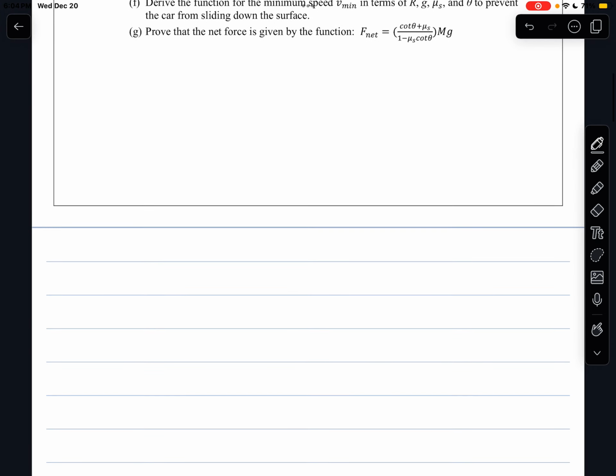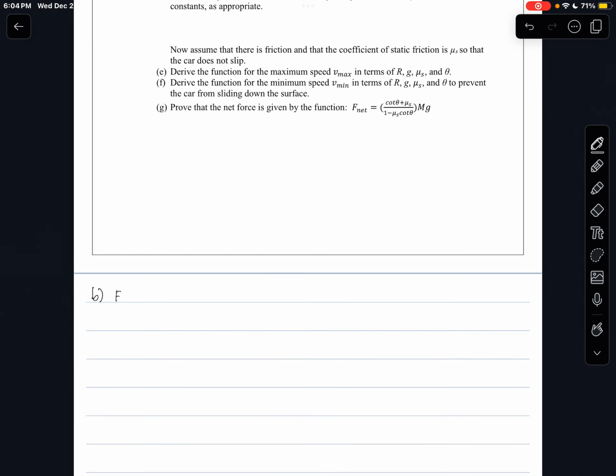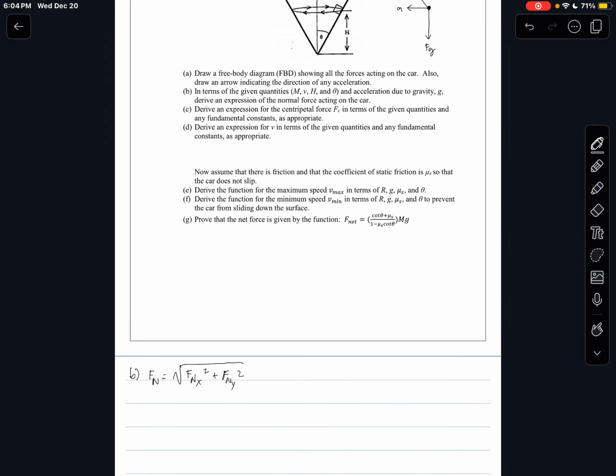So for part B, I'm going to write the Fnx and Fny because I want to find Fn, which equals the square root of Fnx squared plus Fny squared.